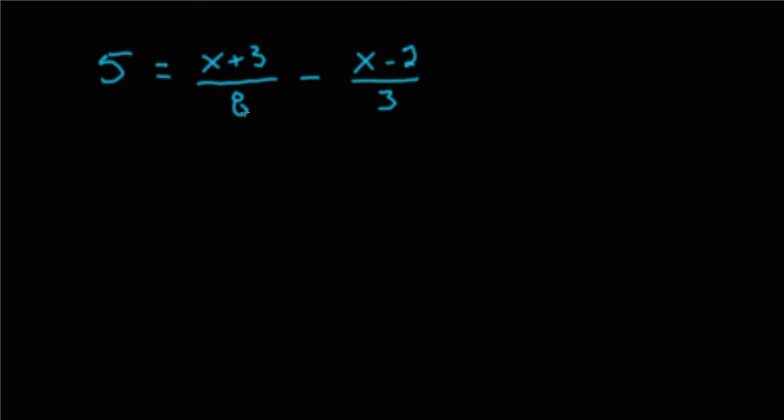The easiest thing to do is just say, 8 times 3 is 24. So, like we did in the first problem, if we multiply both sides by 24, we're not changing this equivalence.